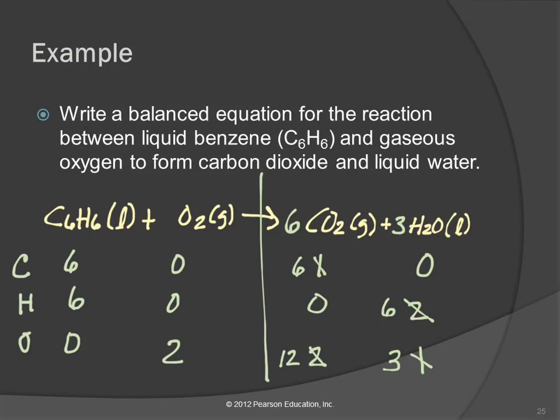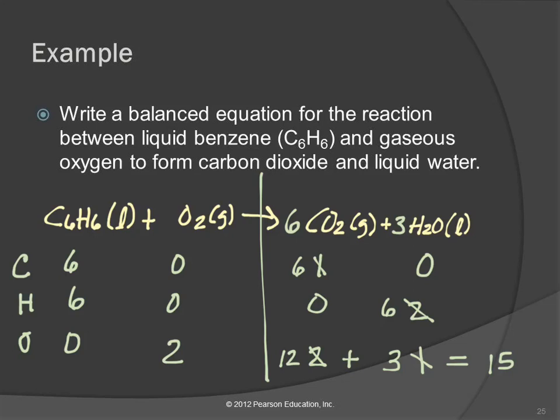So carbon's good, hydrogen's good, now we have to take care of the oxygen. So there's 2 oxygens on the left, and how many oxygens on the right? 15. Right? 12 plus 3 is 15. And on the left we've got 2. What did I call this sort of a situation? A mess.